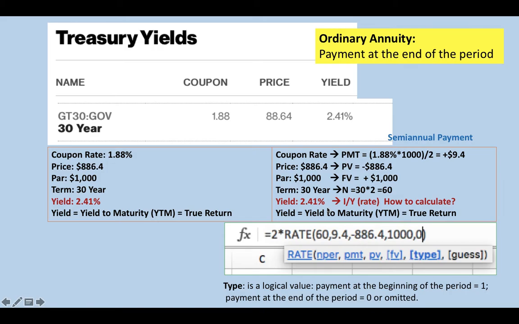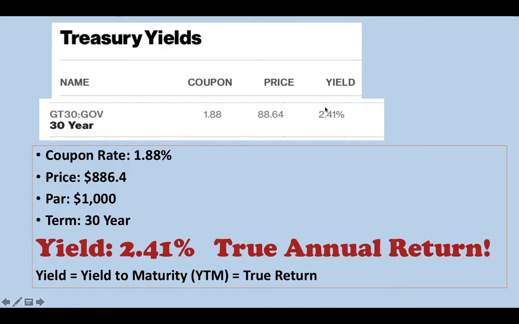So you see a 30-year government bond that pays a coupon of 1.88%, and currently you only pay $886 for $1,000 of these bonds.